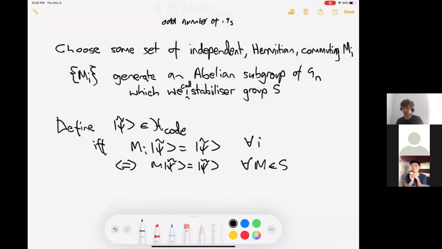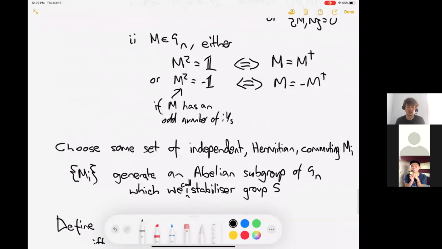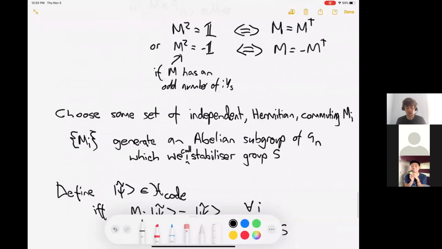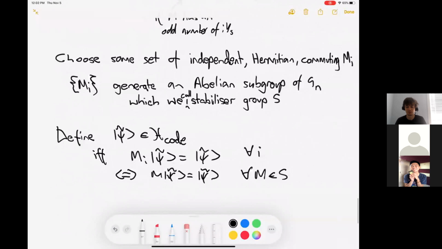Okay, so the Mi's all square to the identity. That means their eigenvalues are all plus or minus 1. And we're requiring that for a state to be in the code subspace, it has to have eigenvalue plus 1 rather than eigenvalue minus 1.